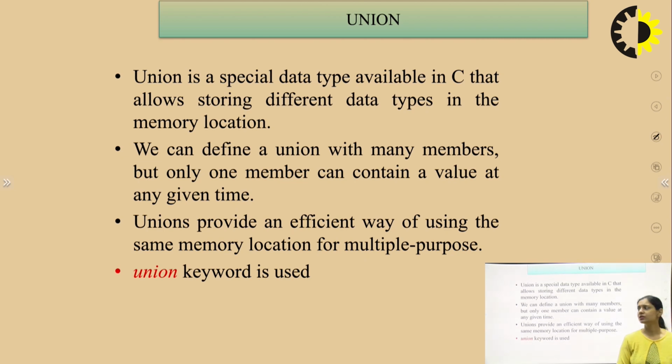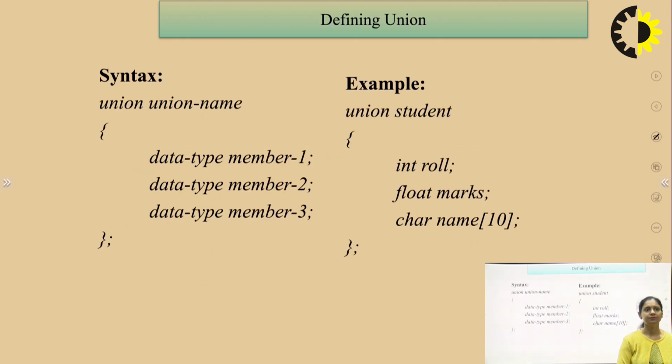Now, union is a special data type available in C that allows storing different data types in the same memory location. A union can be defined with many members, but only one member can contain a value at a given time. That means here the memory overlapping takes place. Unions provide an efficient way of using the same memory location for multiple purposes, and unions are created using the union keyword.